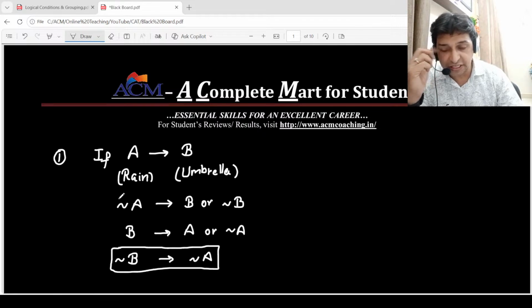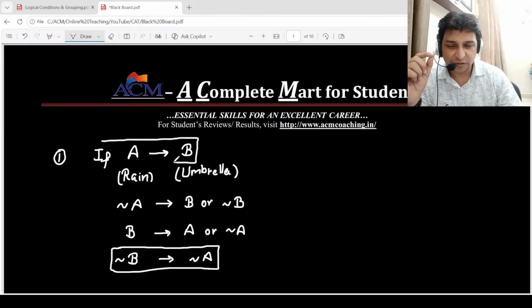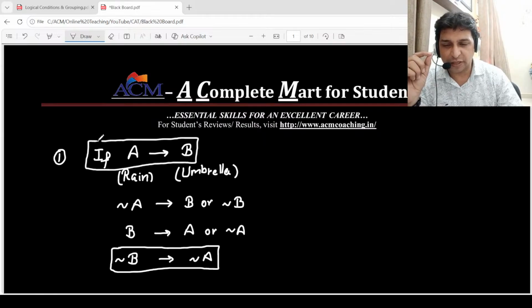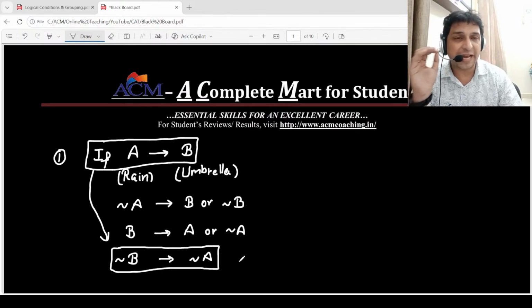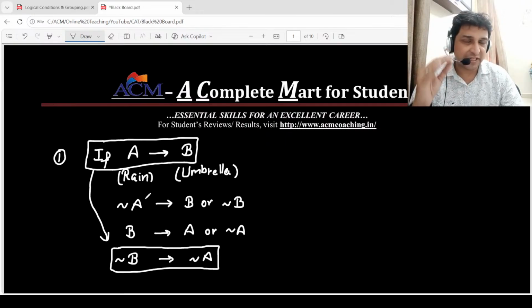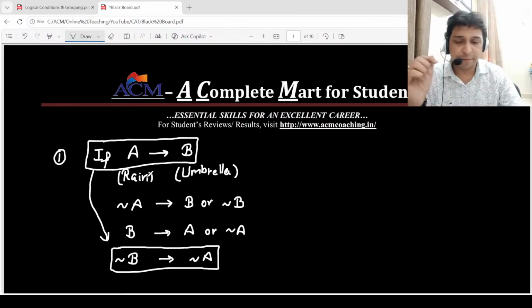So if a condition is given that if A happens, then B happens, then as per rule number one, the conclusion which we can derive is that if B does not happen, then A also will not happen. Let's try with an example. If there is rain, I'll carry an umbrella.